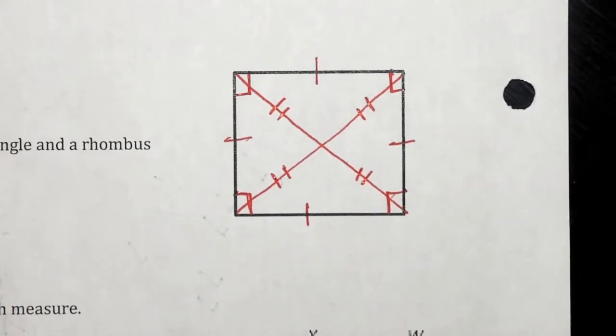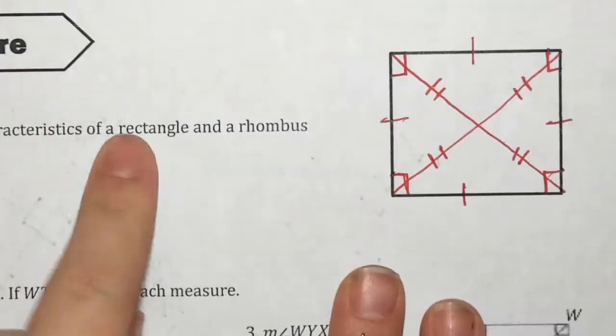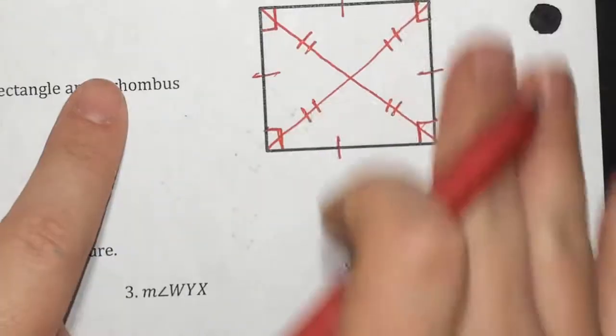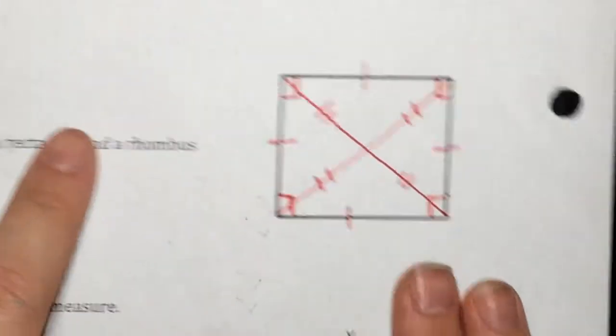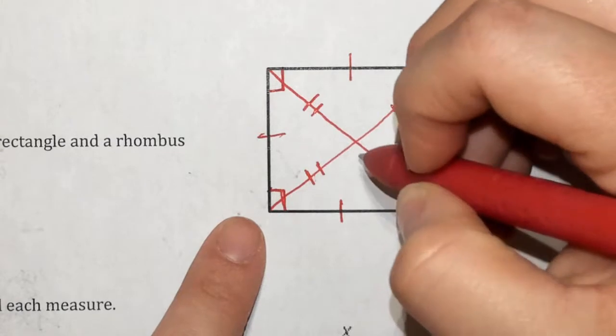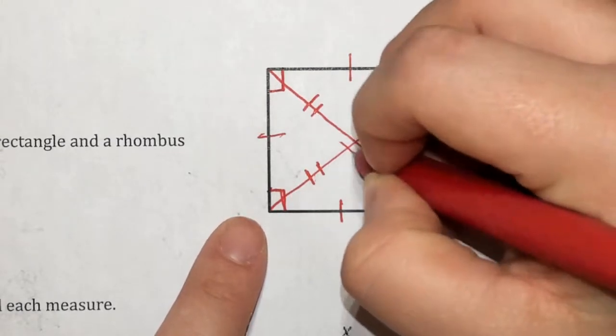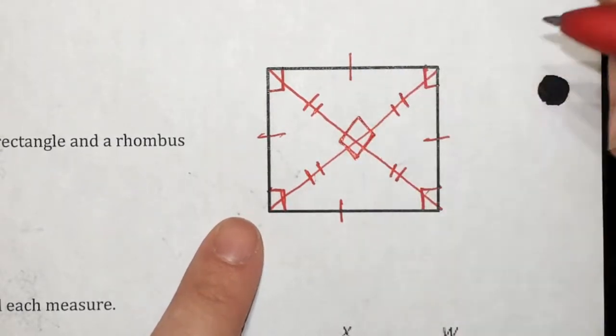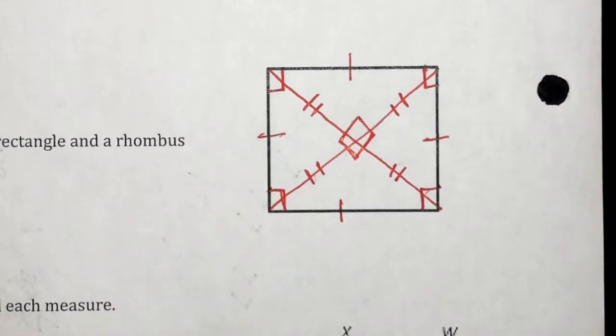And the last thing, because a square has all the characteristics of a rectangle and a rhombus. Well, which characteristic does a rhombus have that we haven't implemented yet? The 90s. Yep, so all these are 90. So here's what I was saying earlier.